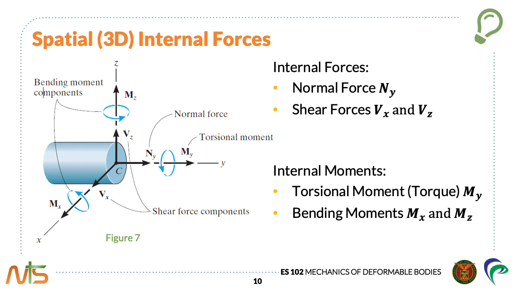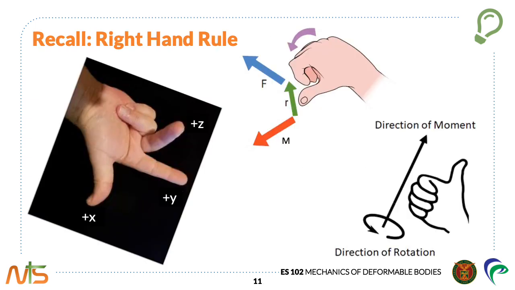Or recall the right-hand rule in determining the positive axis. In the right-hand rule, you use your thumb to point to the positive x-axis, your index finger to point to the positive y-axis, and your middle finger to point to the positive z-axis.